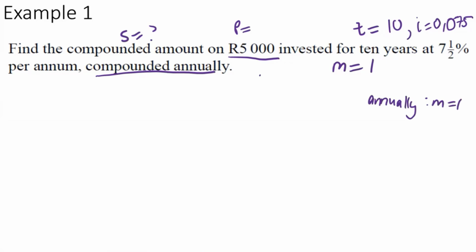When it's compounded quarterly, our M is 4. When it is compounded monthly, our M is equal to 12. If it's compounding semi-annually, that means your interest is compounding semi-annually.